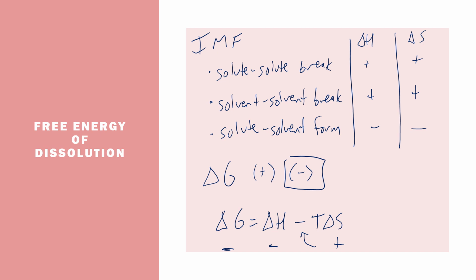So the forming of the new interactions between the solute and the solvent contributes to the thermodynamic favorability, but the breaking of the solute interactions and the solvent interactions contributes as well. So the overall free energy of dissolution depends on both of those things.